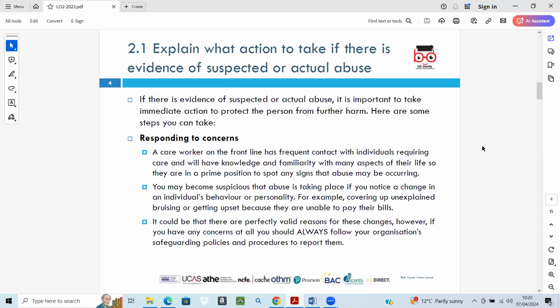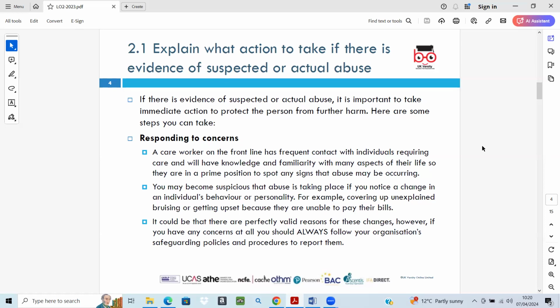The care worker or healthcare assistant, whatever we call them, is the first person who notices the signs and symptoms of harm. So they are in a prime position to spot changes in behavior or physical signs that may indicate abuse.